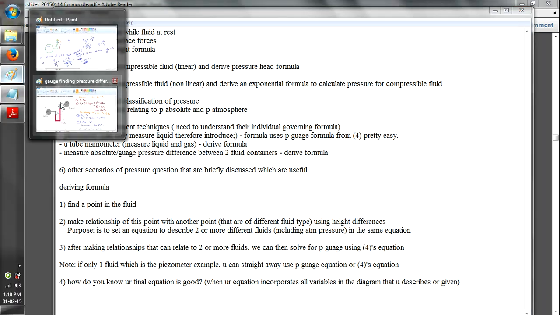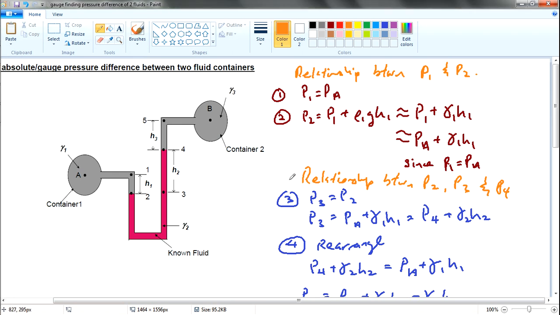Therefore, let's start. First, as I said earlier, the relationship between P1 and P2. P2 is formed by P1, so whatever changes in P1 will cause changes in P2.